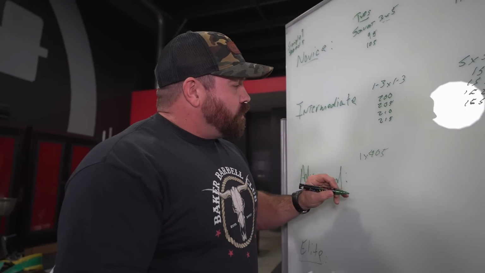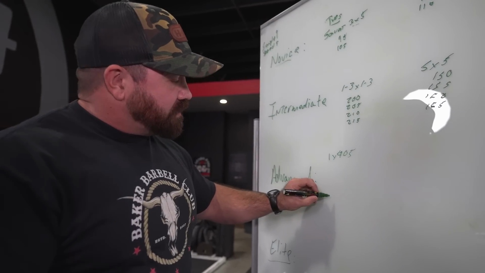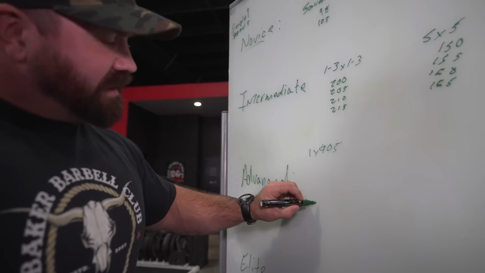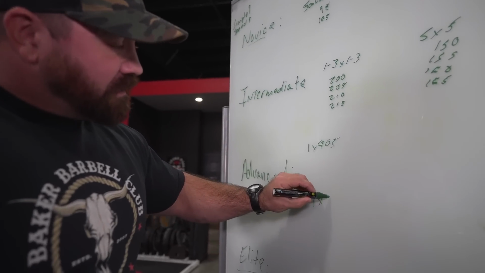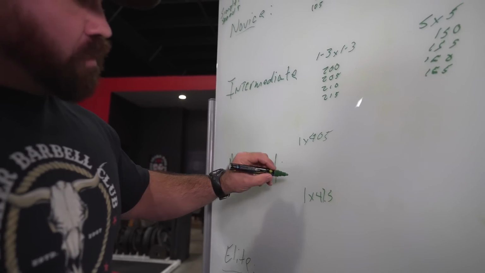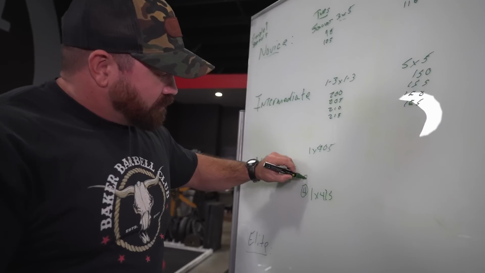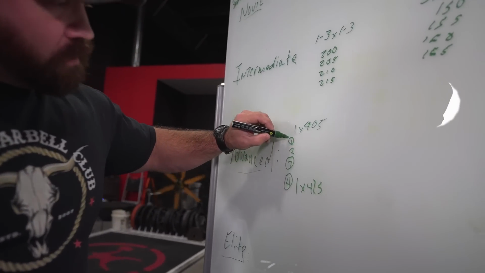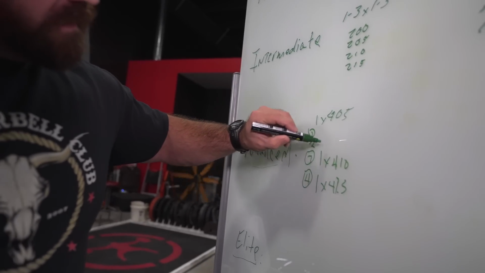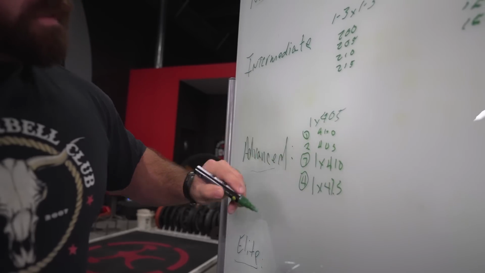What I'll do with him is look at the upcoming block of training, and I'm going to anticipate a small PR, let's say 415, and then work backwards from there. So this would be in week 4, week 3, week 2, week 1. I'm going to have like 1 at 410, 405, 400. So it's something like that.